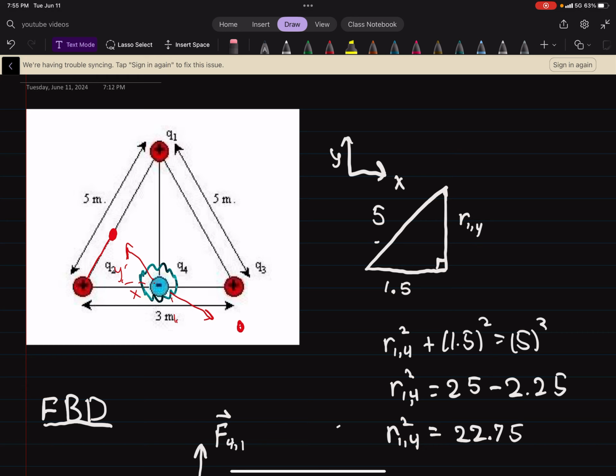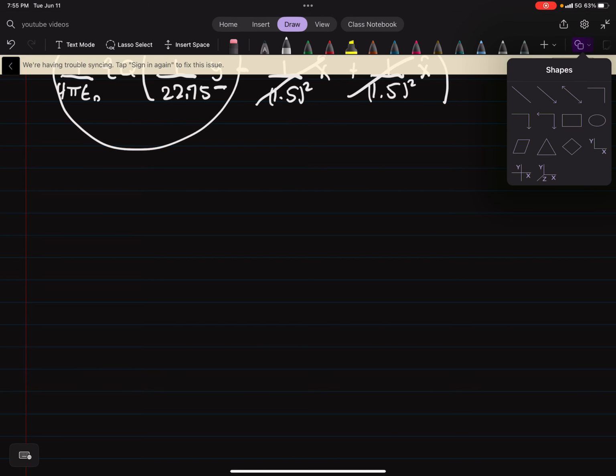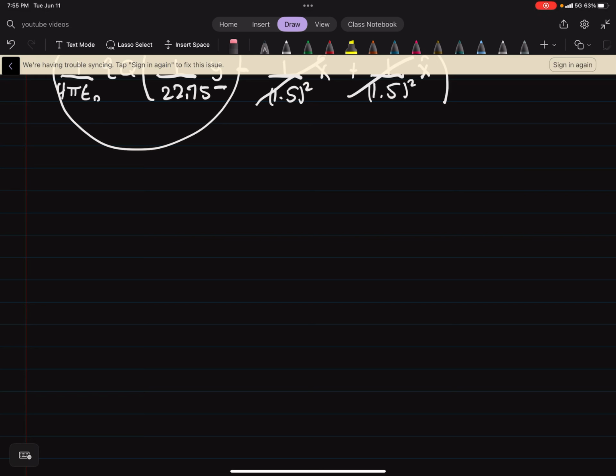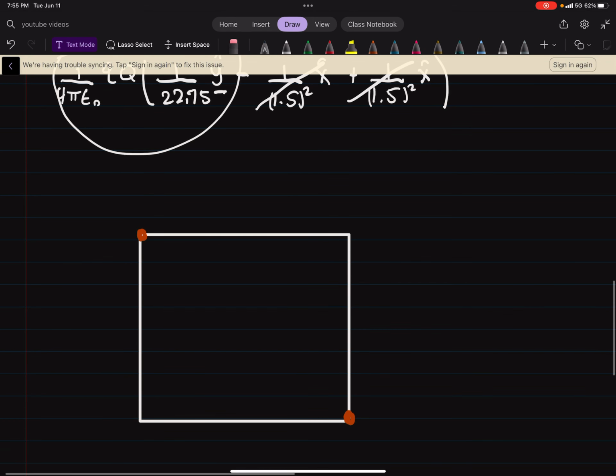If you were given a different shape outside of a triangle, you'd essentially do the exact same thing. So like if you just had, let's see if I can get it up just to show you. I don't know if you still only have 4 charges, but a good example is you could have one here, and then maybe one here, and maybe one here.